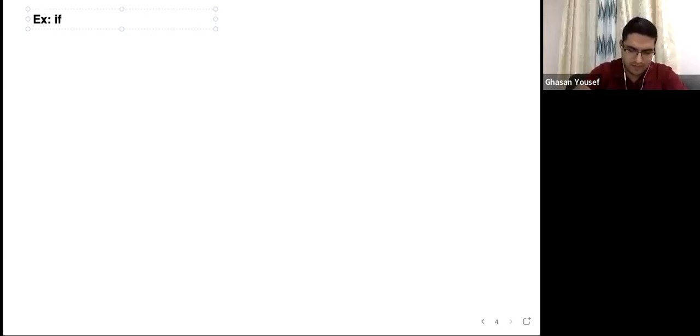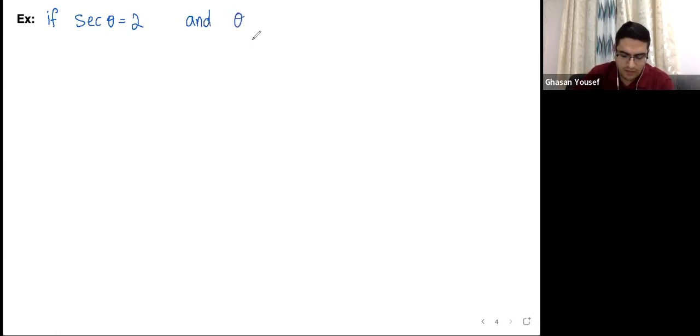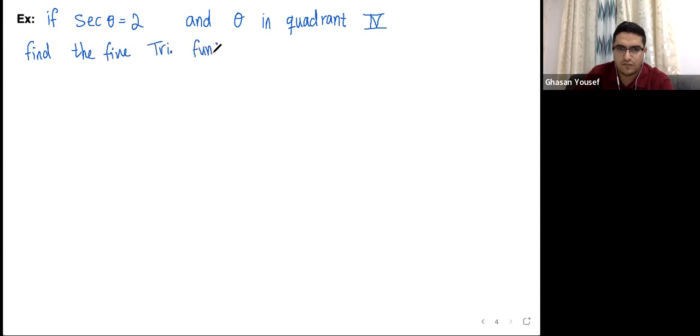Find, if the secant of theta equals 2, and this angle theta is in quadrant 4, the 5 trigonometric functions of this angle theta.